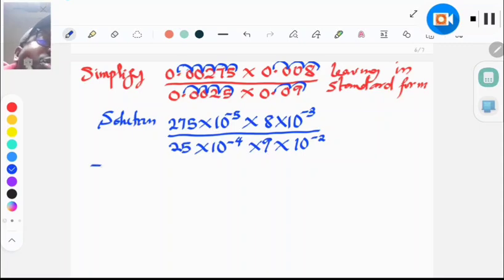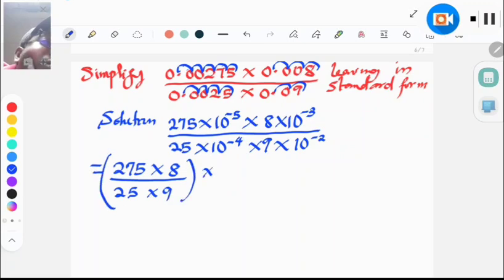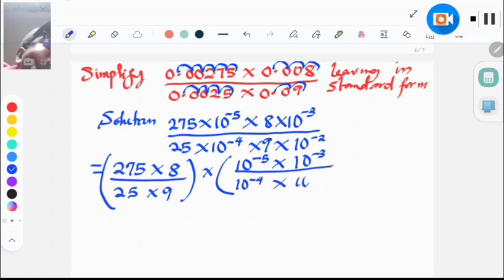Alright, so from here, we can decide to bring all the numbers together. That's 275 times 8 for the numerator and 25 times 9, times, for the indices, we have 10 raised to the power negative 5, 10 raised to the power negative 3 over 10 raised to the power negative 4 times 10 raised to the power negative 2.